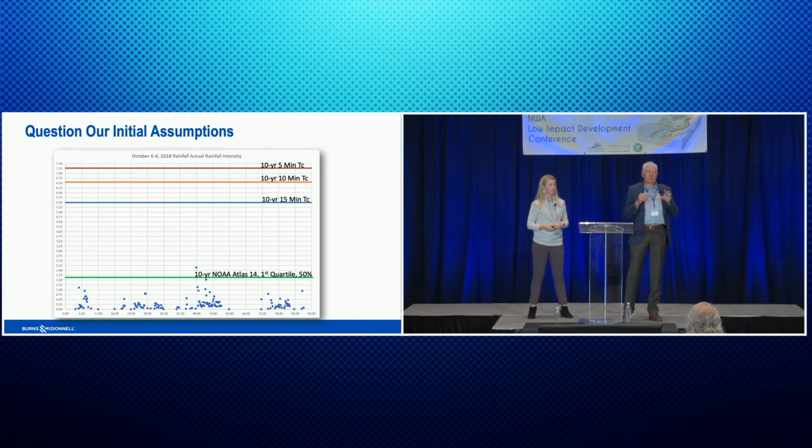So if I say as a designer, I want to provide a 10-year level of service, but I know I'm in the upper part of a watershed, a smaller watershed, so I should do quartile 1. And do I really need to use the 90% probability, or is a median, 50%, enough for me to design my collection system? I'm not suggesting I'm designing a Corps of Engineers levee for this, but for a pipe size. If I assume a 50% using NOAA Atlas 14, look at where my intensity is now. It's much more representative of a realistic pipe size.